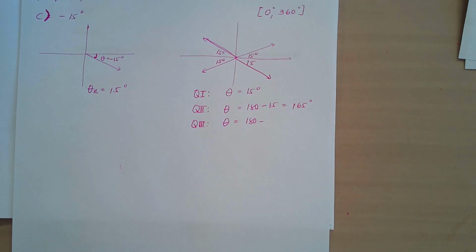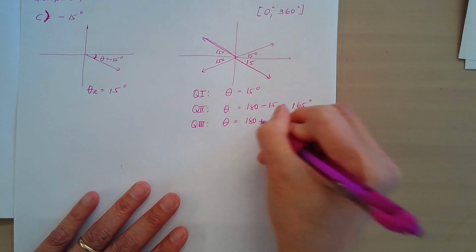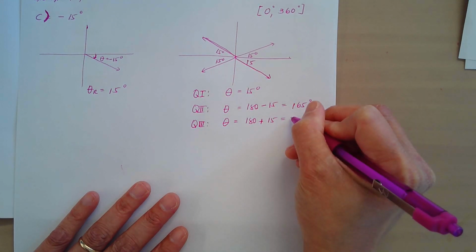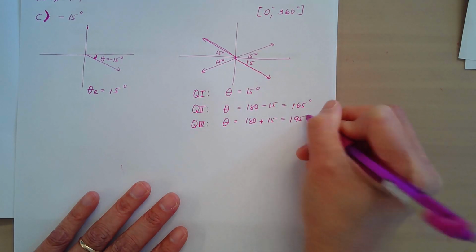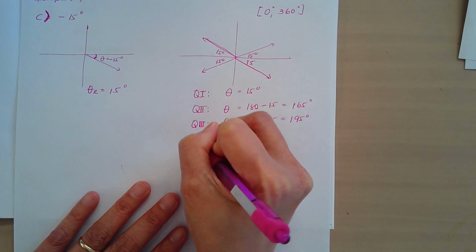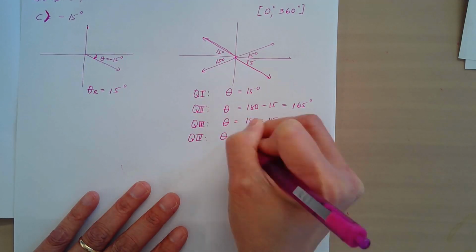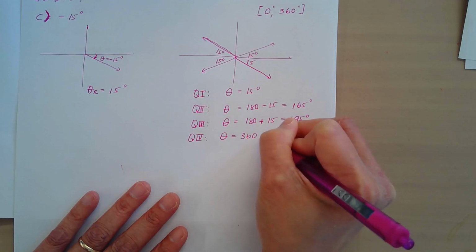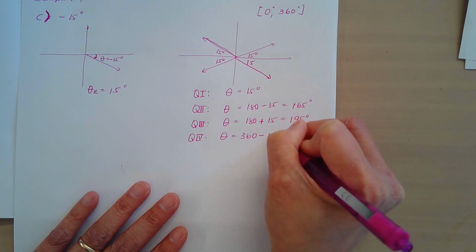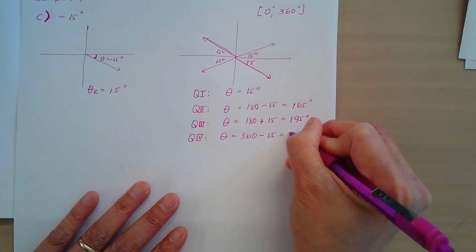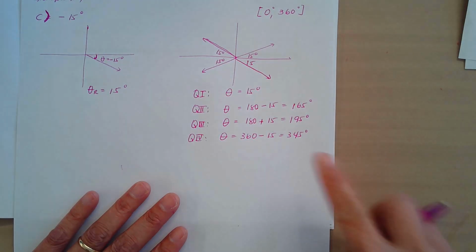In quadrant 3, it's going to be 180 plus 15. And finally, quadrant 4 is theta equals 360 minus 15. And this is what you were talking about.